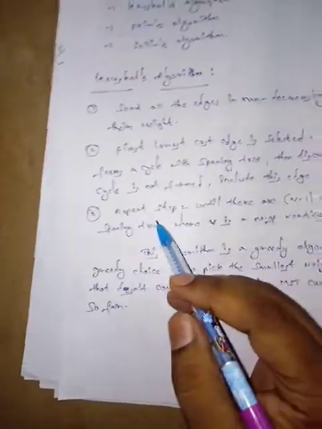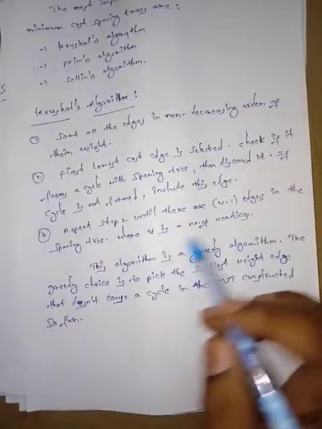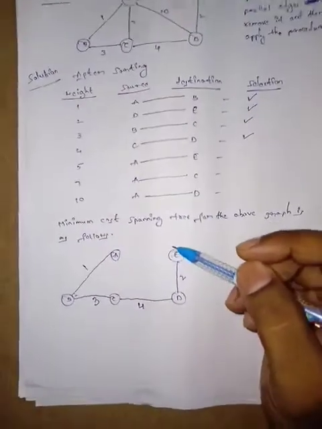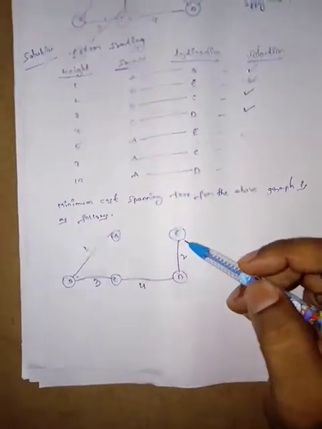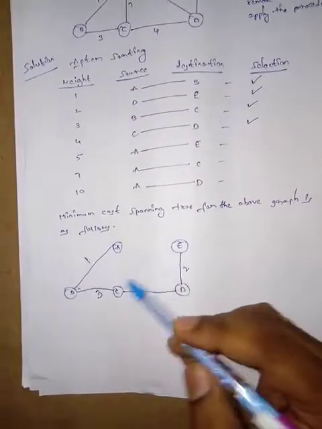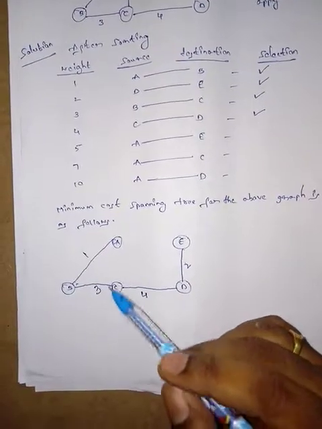In the above procedure, see step 3: repeat step 2 until there are V minus 1 edges in the spanning tree, where V is the number of vertices. Here the total number of vertices is 5 and we need only 4 edges.